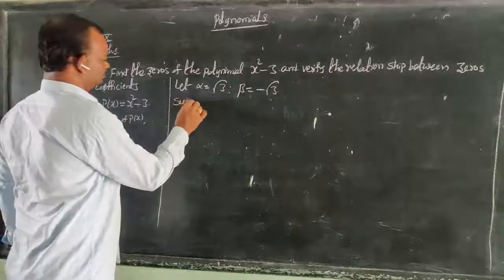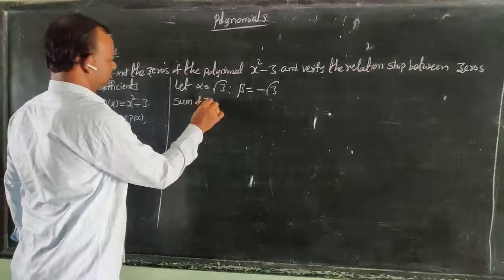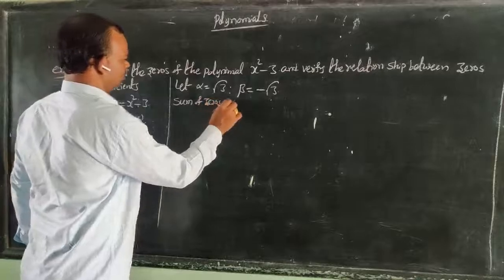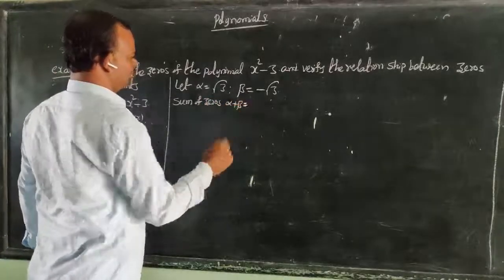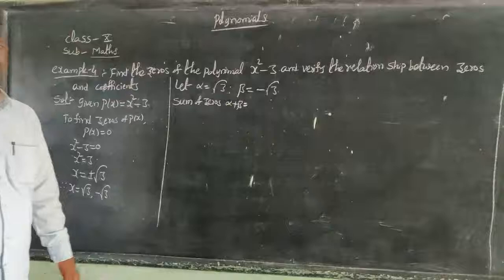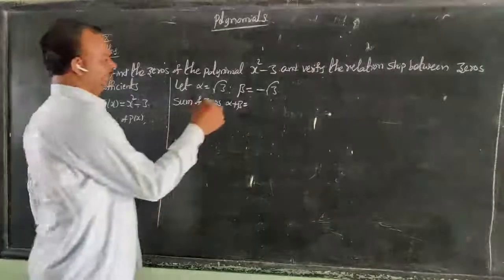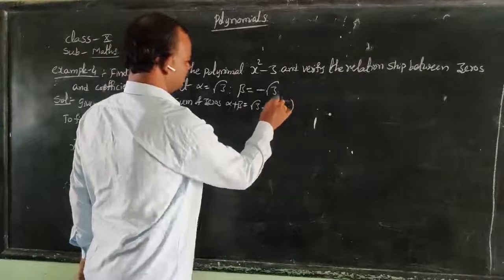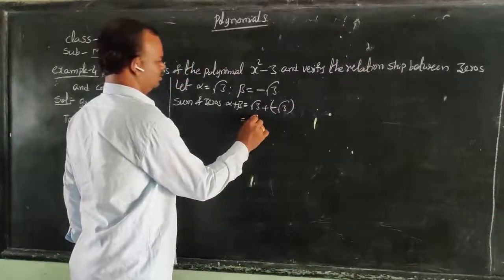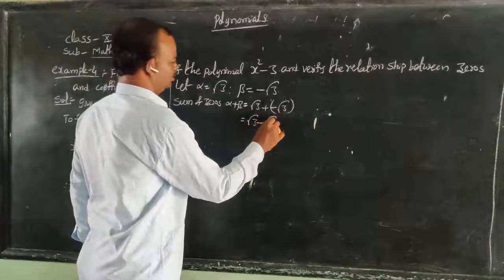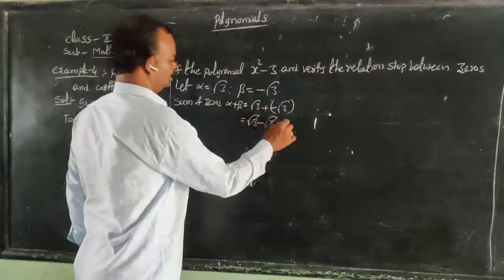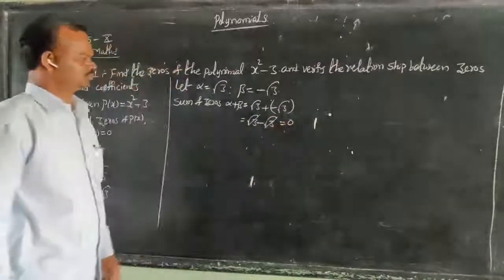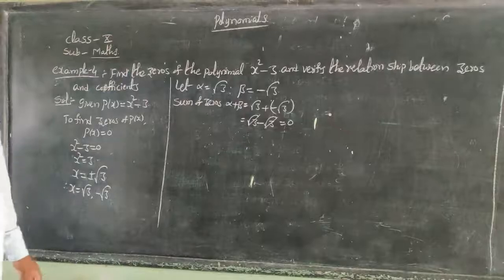Sum of zeros: alpha plus beta is equal to root 3 plus minus root 3, that is equal to root 3 minus root 3. Root 3 cancels, that is equal to 0. The sum of the zeros is 0.